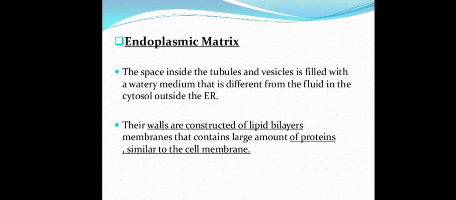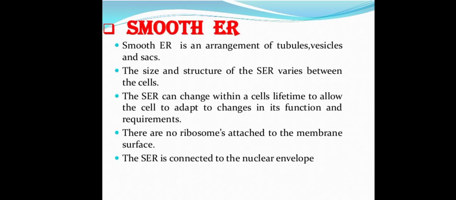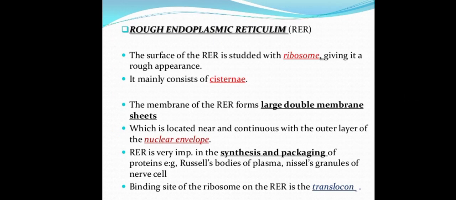Endoplasmic reticulum is classified into two types: granular or rough endoplasmic reticulum, and agranular or smooth endoplasmic reticulum. First we are going to learn about rough or granular endoplasmic reticulum. In some endoplasmic reticulum, spherical granular-like structures called ribosomes are attached on their surface.